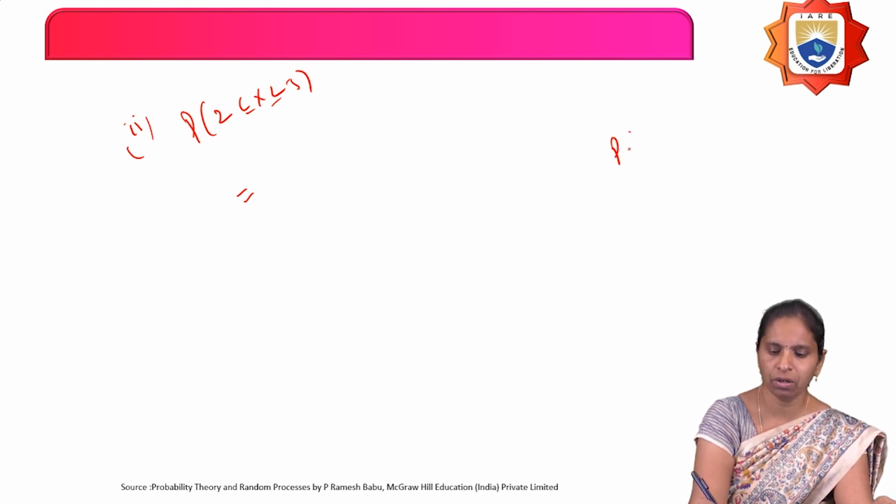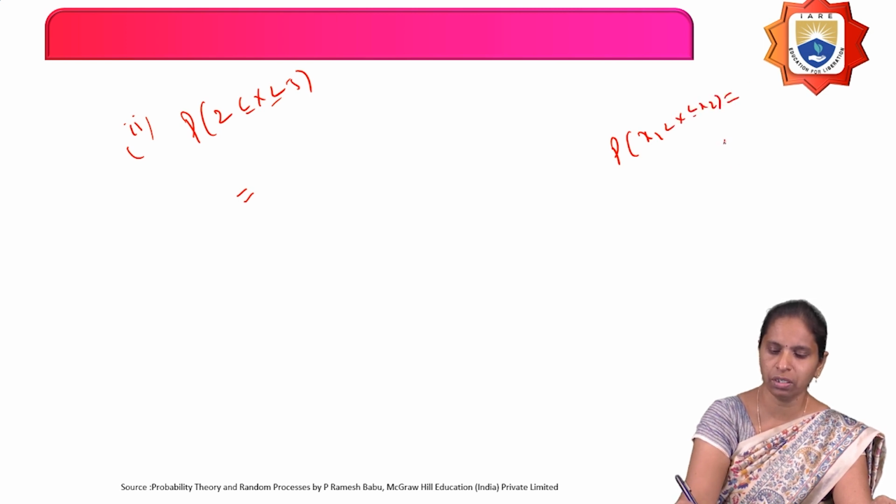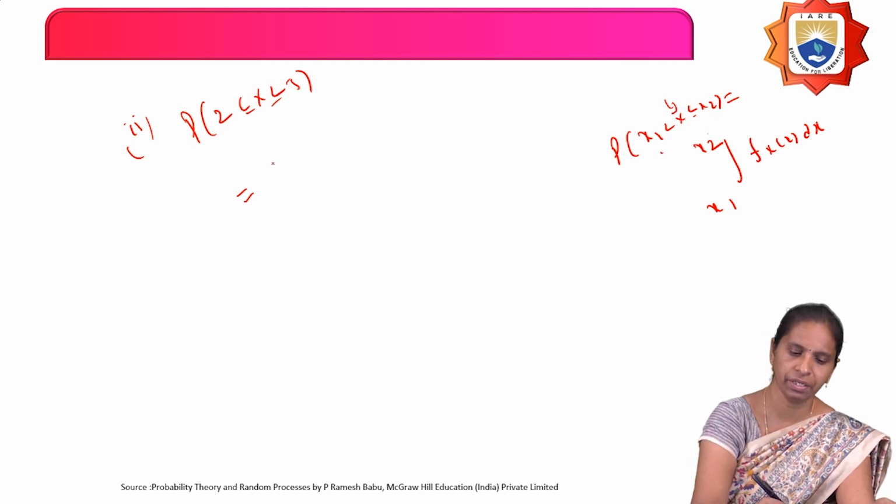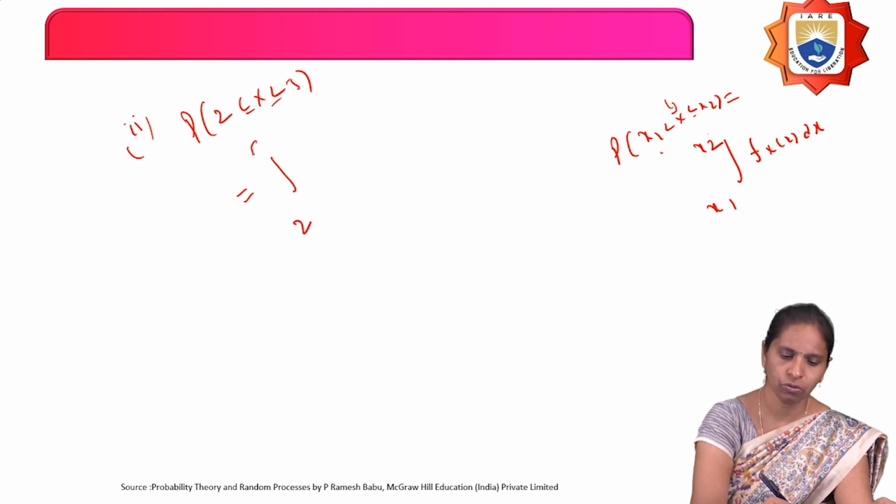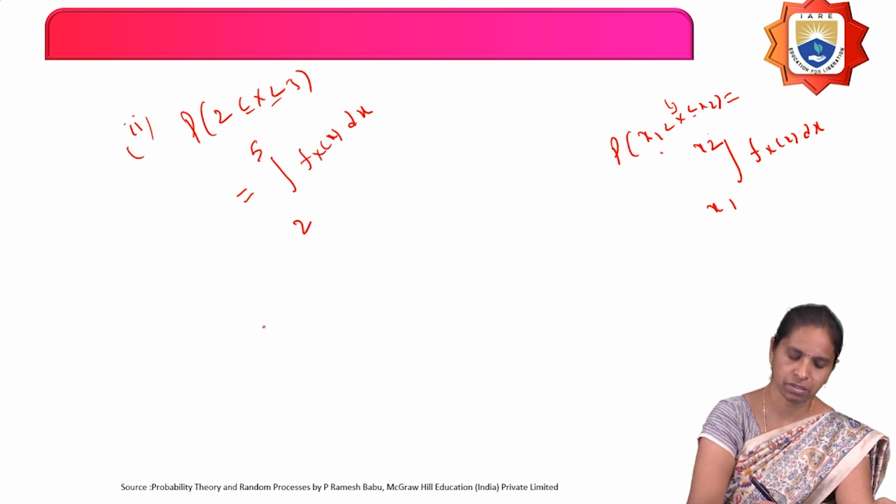So the probability of any random variable taking values from x1 to x2 is equal to what? The integration of the density function over the limits x1 to x2, so that gives the probability of that random variable within the given limits. Similarly here, the integration from 2 to 5 of fx(x) dx.